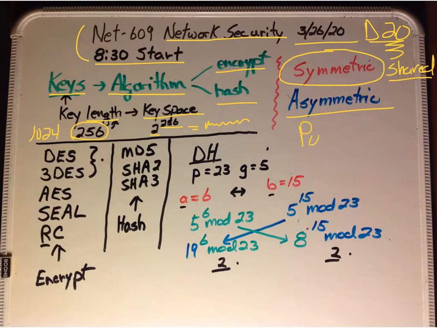This is very often referred to as the public key algorithm or public key structure. This is where you have a public key and a private key. You can share the public key, you can't share the private key. One can be used to encrypt, the other can be used to decrypt. If you encrypt with one key, you decrypt with the other.